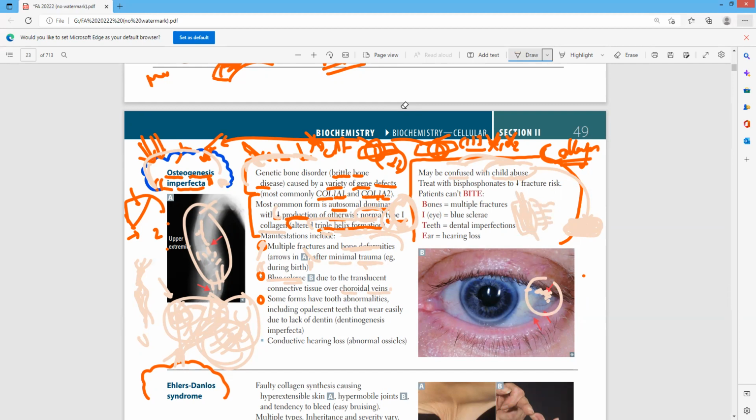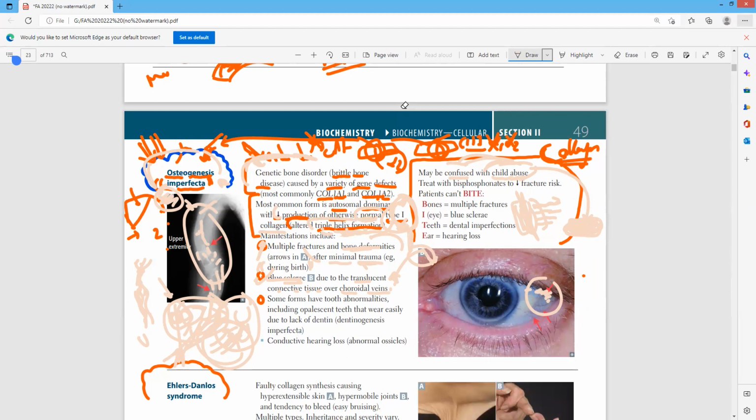If it is defective, you will see the blue color. So you will see blue sclera, and this is very important in the clinical vignette. Let me show you a child, 3 years old, with multiple fractures and blue sclera, and they may ask you about the defective collagen.